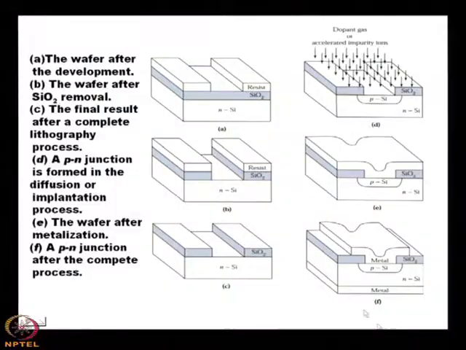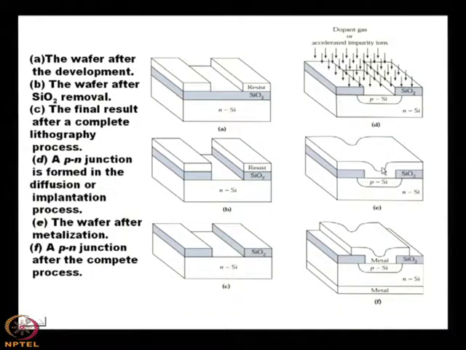Otherwise, how will you define this junction without photoresist? Actually, the photoresist was given to remove silicon oxide SiO2 from a certain portion, which we have done, and then we have doped.